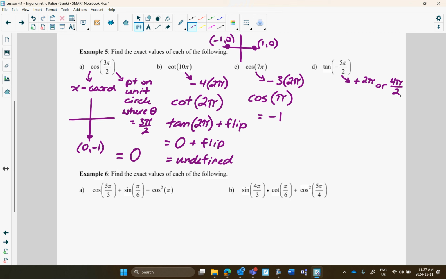That's still too small, right? So if I do it once, I get tan -pi over 2. Too small, I have to do it again. I have to add another 4 pi over 2. So I get tan 3 pi over 2.